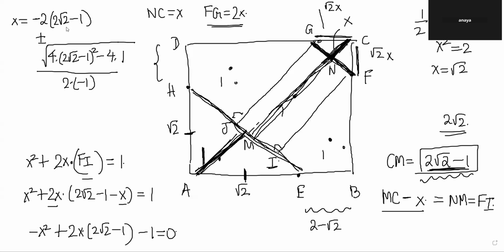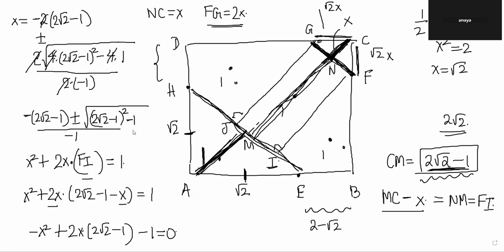So 4 can come out of the root as a 2, and that can cancel with the denominator everywhere, right? So it is minus of 2 root 2 minus 1 plus or minus square root of 2 root 2 minus 1 whole square minus 1, divided by minus 1, right?